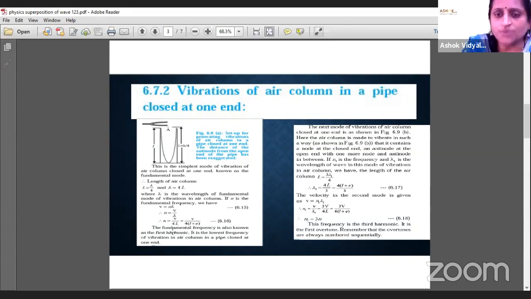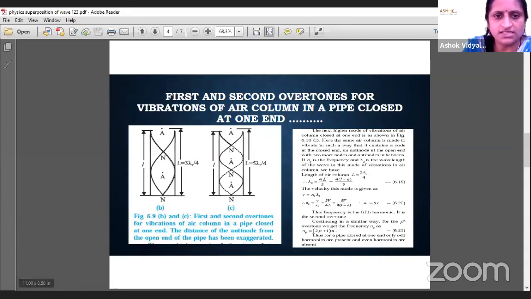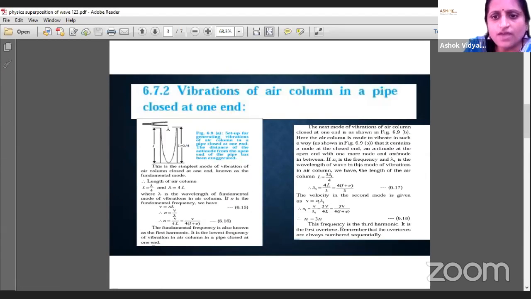Now the next point, the next mode of vibration of an air column closed at one end. See here in this next diagram, one loop is formed, where A is the antinode and N is the node, with the antinode formed at the open end of the tube. Capital L is equal to 3 lambda 1 by 4, where lambda 1 is the wavelength of the next mode of vibration.